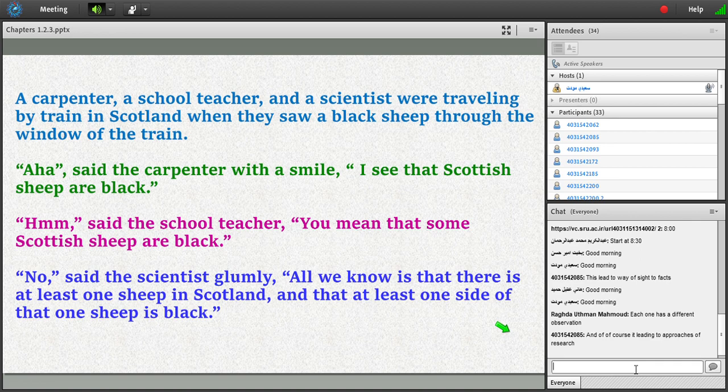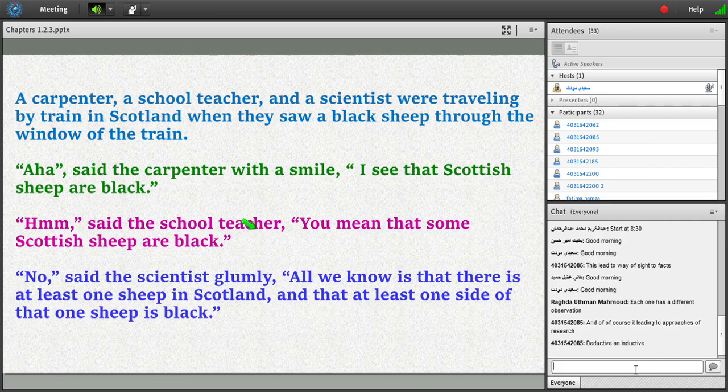Good. So as you see, the carpenter actually said something that is general. I see that the Scottish sheep are black. This is what regular, ordinary people do. Okay, when I see something is red, I think that all the things of that kind would be red. This is what an ordinary person would think.